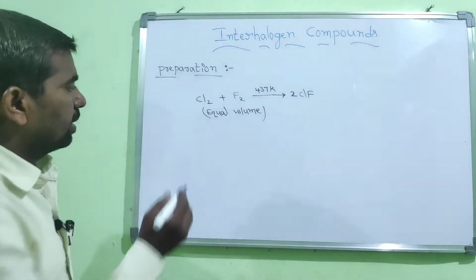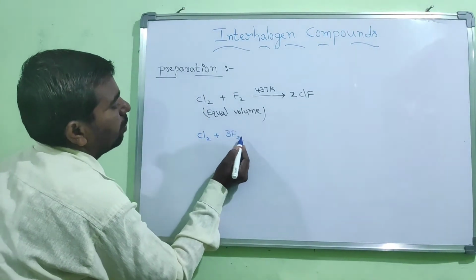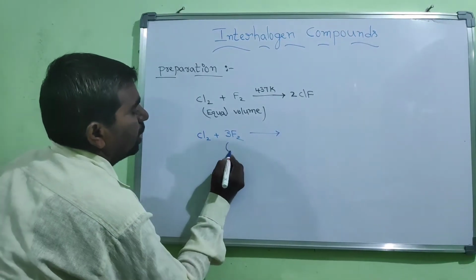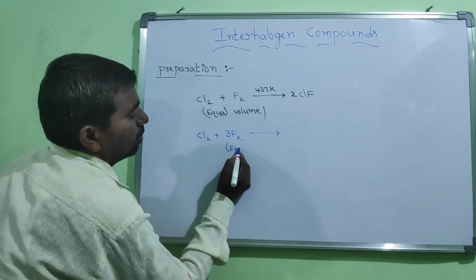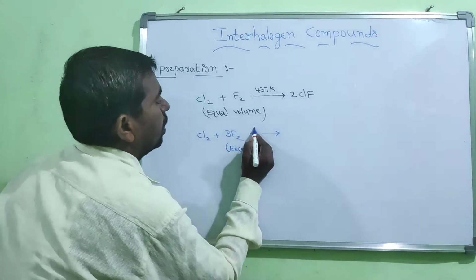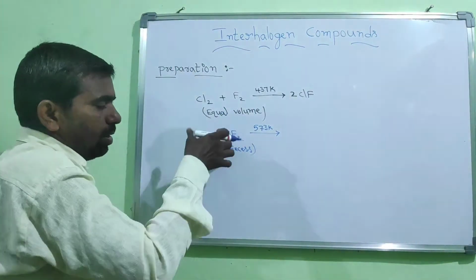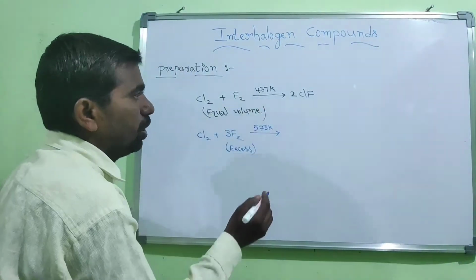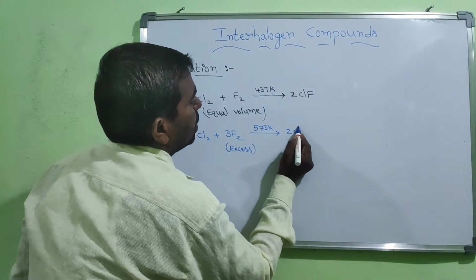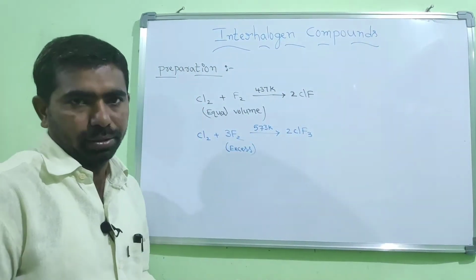Another example: Cl2 plus 3F2. Here fluorine is taken in excess quantity, and a temperature of 573 kelvins is provided for the reaction between these two. 2ClF3, chlorine trifluoride, is the product.